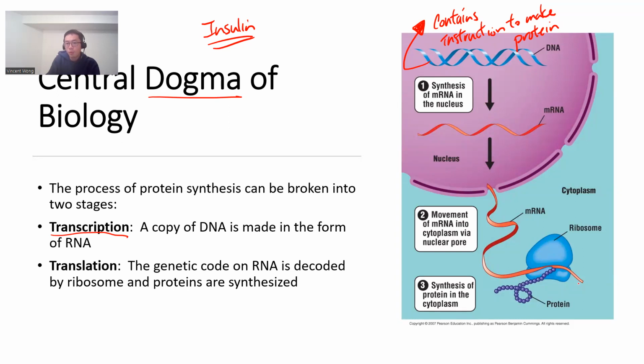The ribosome will read the instruction, the mRNA, and then actually make the protein. And that process is called translation. Okay? So when DNA is copied into RNA, we call that transcription. And then when the instruction is used to make the protein, we call that translation.